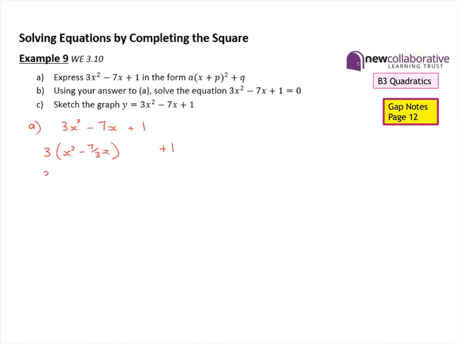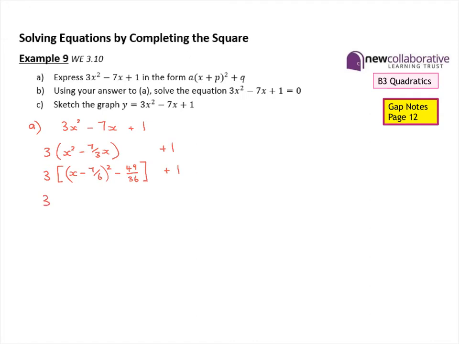Now if we complete the square on the part in the bracket, that's going to give us x take away 7 over 6 squared. Now we need to subtract 49 over 36, and then we've got our plus 1, which we're going to leave until the end.